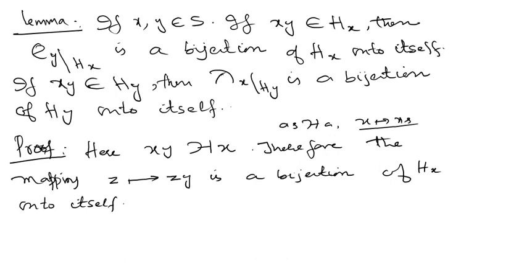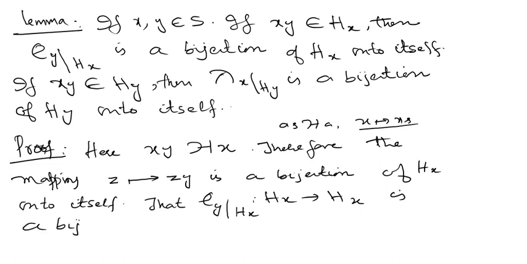In the exercise we wrote Ha, here Hx. So what is this? This is right translation by y, that is rho y, restricted to Hx. This from Hx to Hx is a bijection.